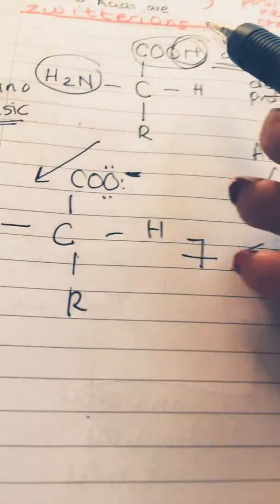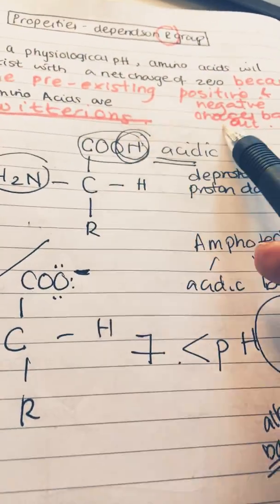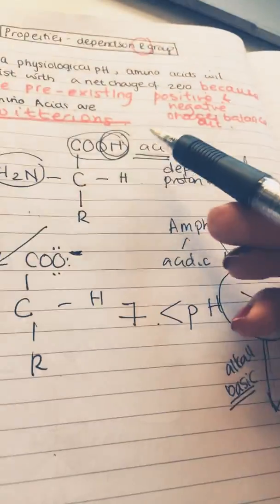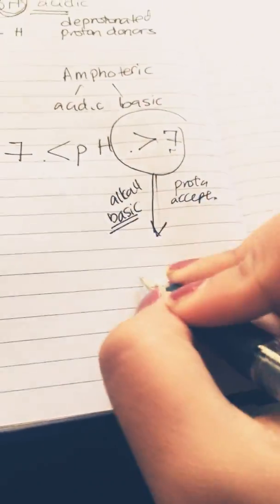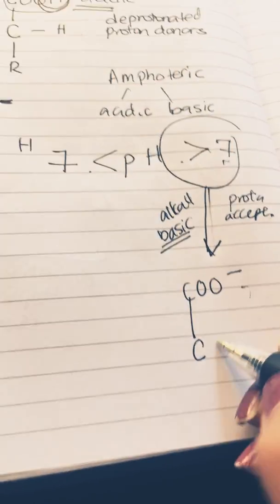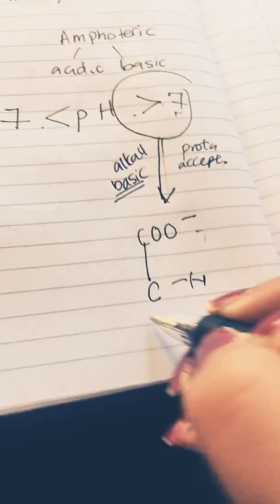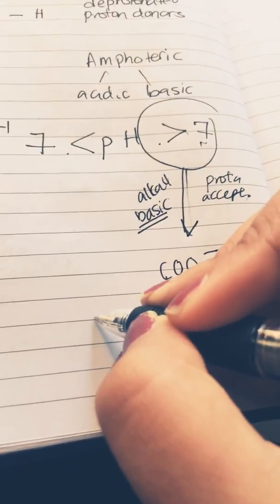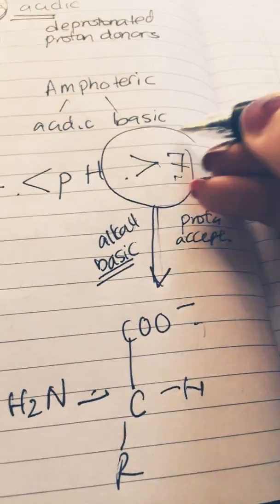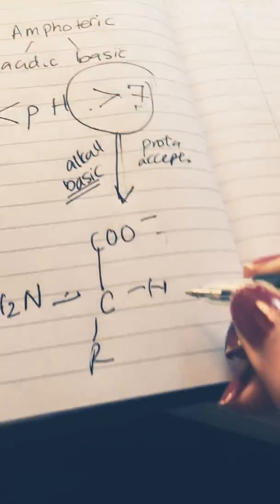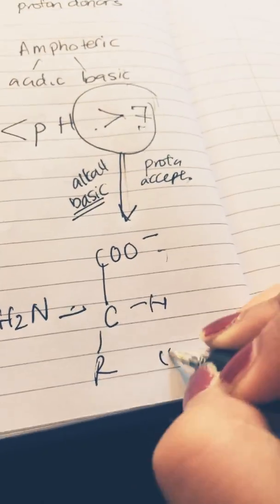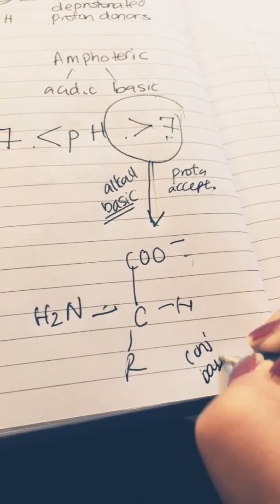If they're proton acceptors, this hydrogen is going to go because the conditions of the solution have accepted the proton, leaving you with a COO minus, okay? And again, the H and the R, okay? And the NH2 stays the same if the pH is above 7. This means that this is a conjugate base.